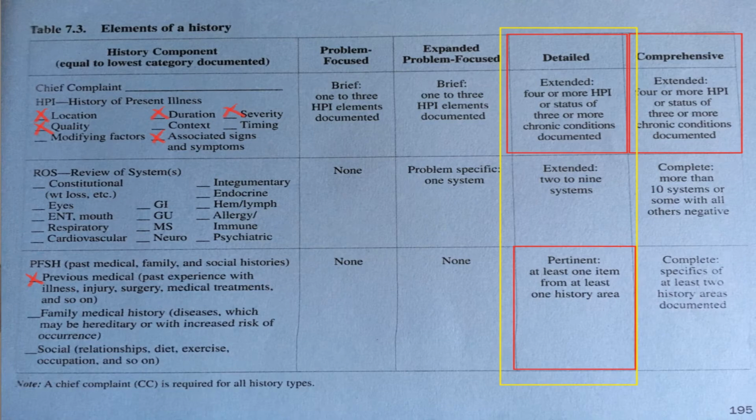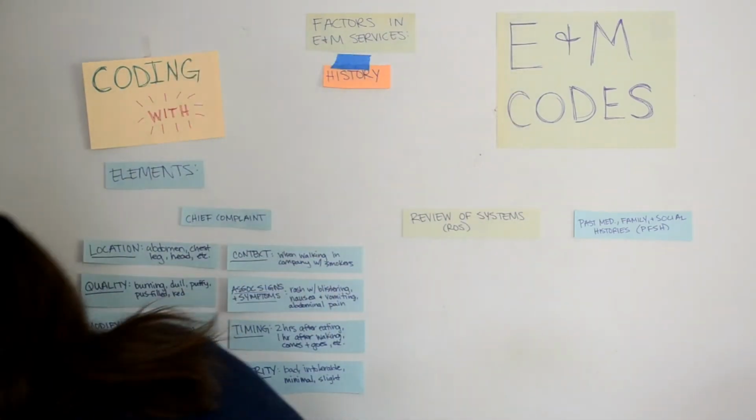So looking at our table, since detailed and comprehensive history of present illness both are the same, we could call this detailed because history of present illness detailed matches up with the past medical, family, and social histories that we found. So we could call this a detailed history. Let's see what the answer says.